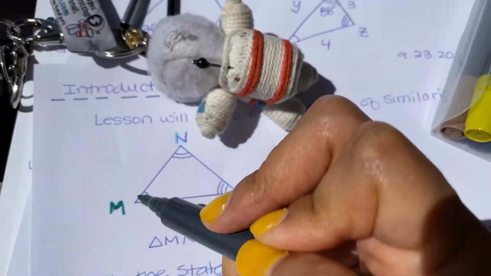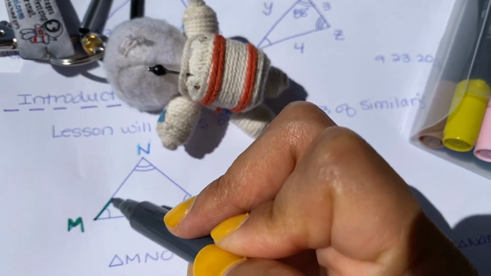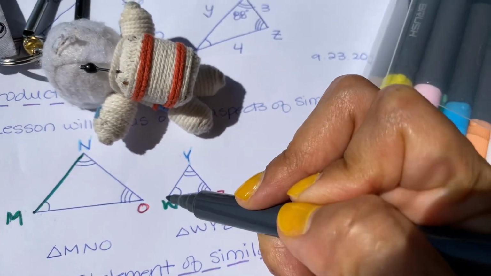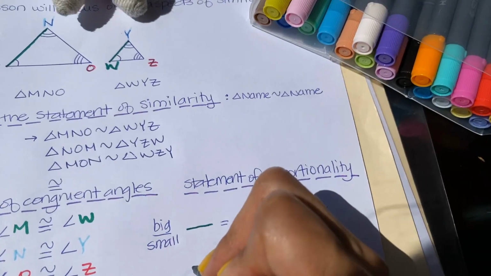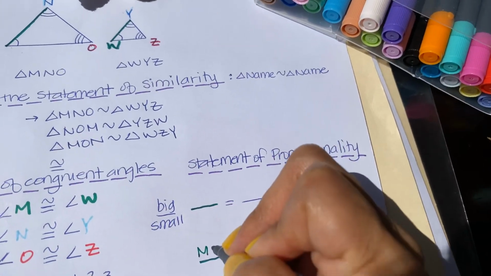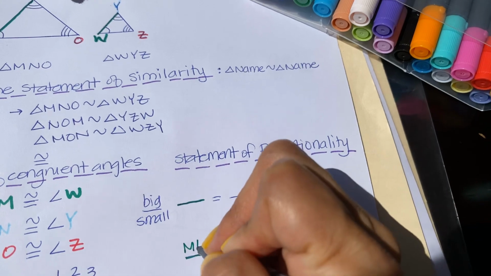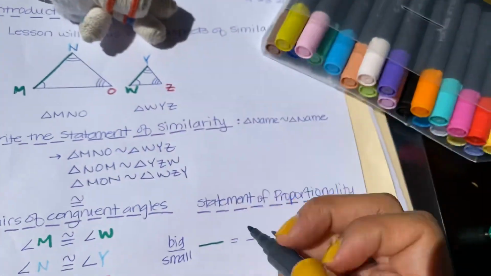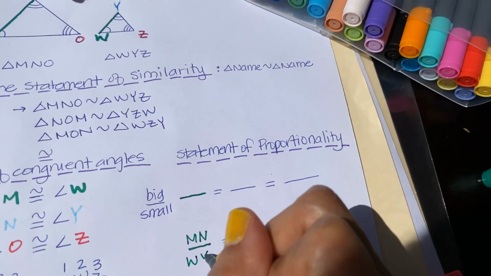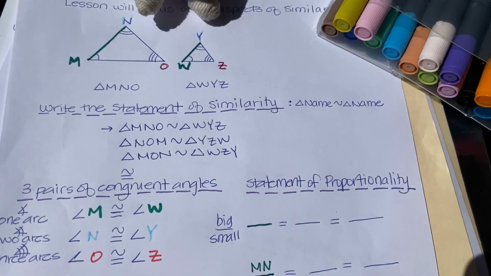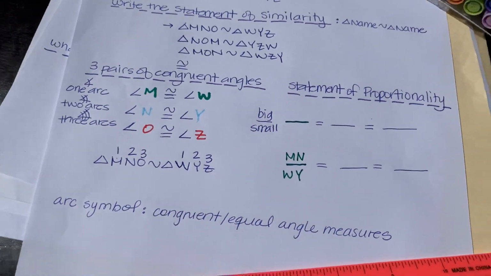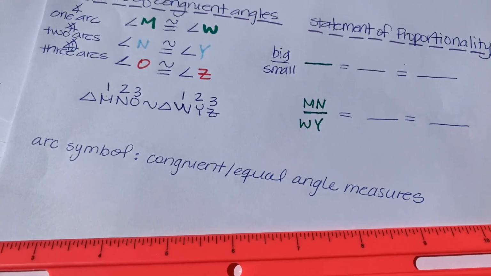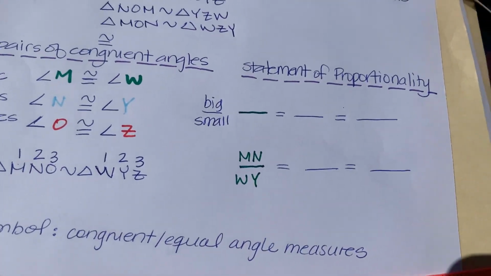Okay, so if I come over here, this third side is right here, MN. So it's MN. I'm going to come back and fill that in. Okay, but hold on. MN will correlate with WY. Here, I'm going to switch to the blue color just because that one's really light.